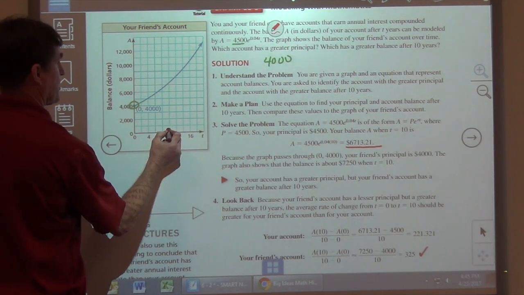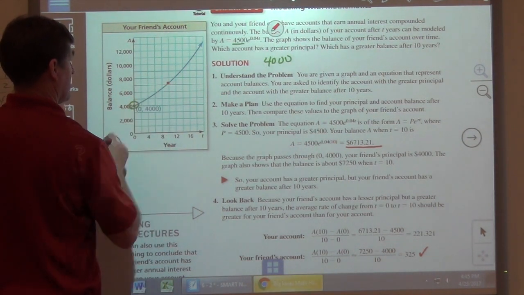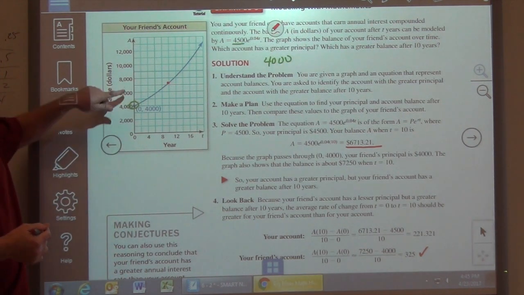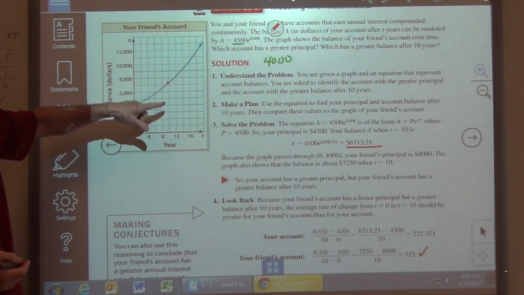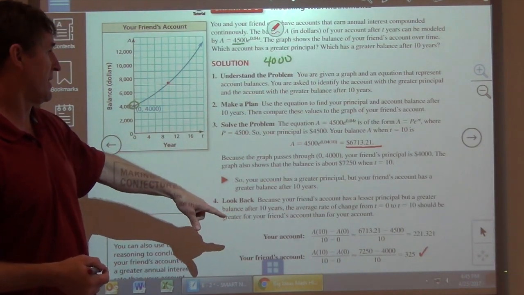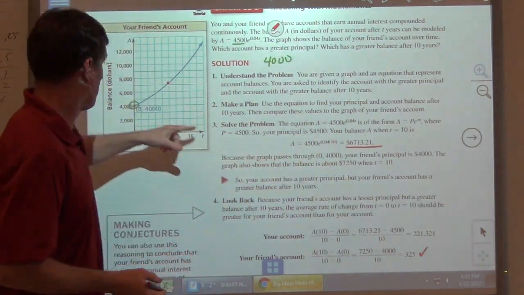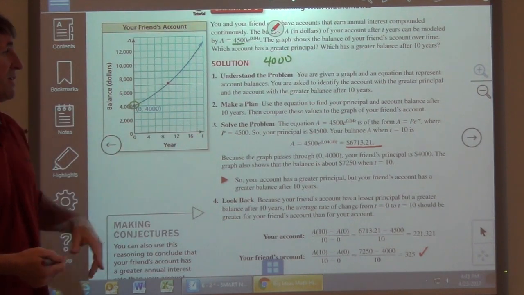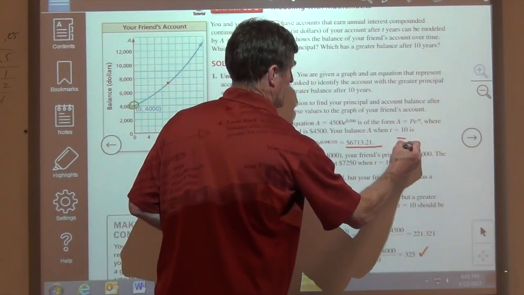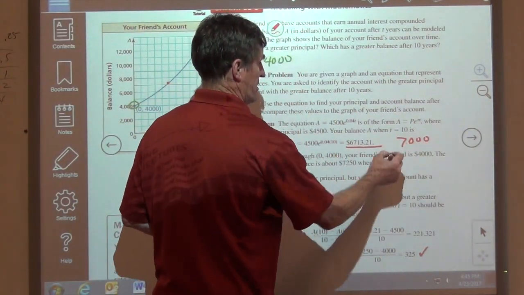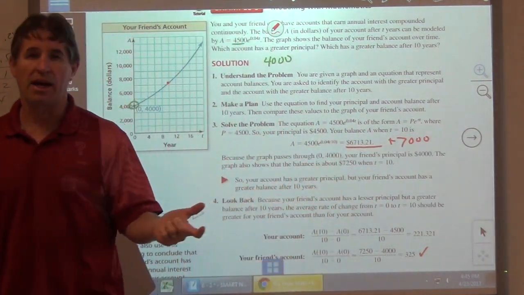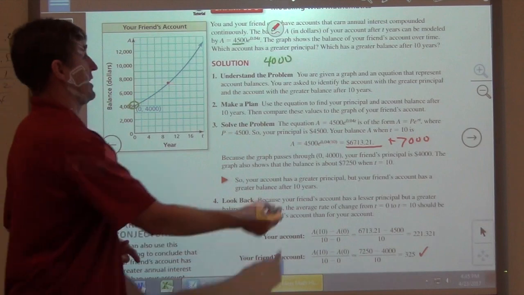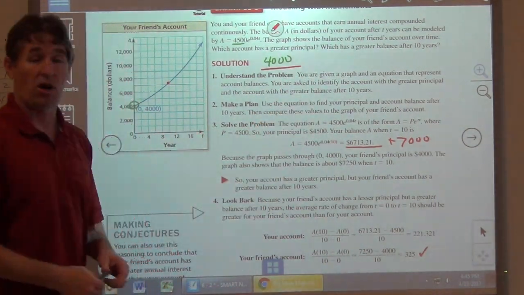Well, if we go to 10 on this graph, we can tell that your friend's, since this is 6,000, 7,000, they're at about 7,000. The book estimates 7,250. But you can see that it's over 7,000. So your friend has more money in their account than you do, even though they started with $500 less.